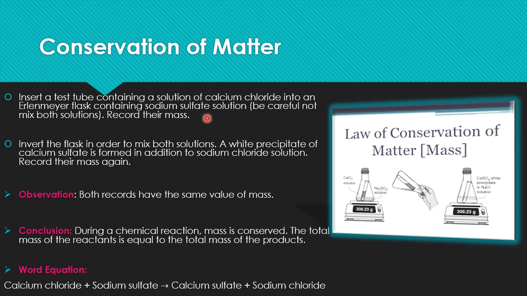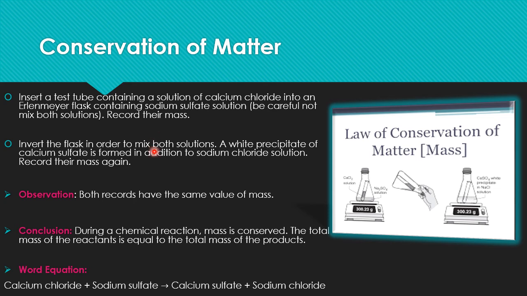This flask contains a specific amount of sodium sulfate, but be careful not to mix both solutions, as represented in the first part to the left of the given figure. What you have to do now is to record their mass, to record the mass of the test tube and the flask containing the two solutions.